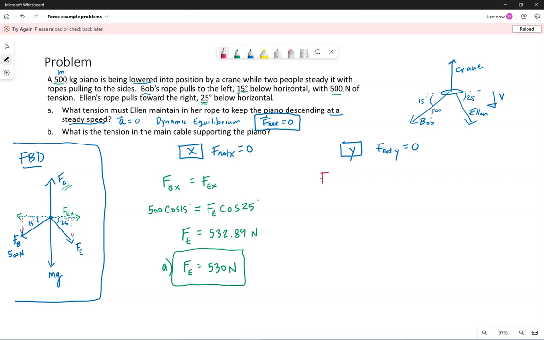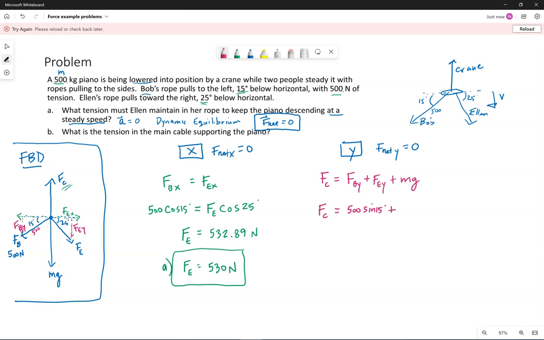To balance the forces, the force of the crane upwards would need to balance out with the y component of Bob's pulling force, the downward component of Ellen's pulling force, and then gravity. All 3 of those are pulling downwards. Since we know Bob's force is 500 newtons, the y component is opposite that 15 degrees, so that force is 500 sine 15.